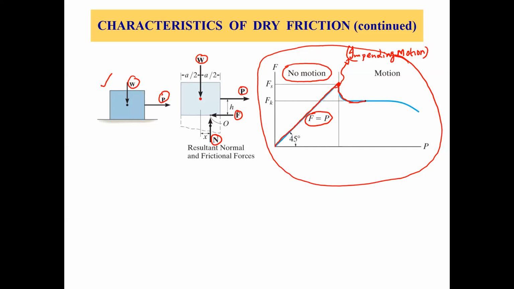So that's why we call it the motion zone. Beyond this impending motion point, there is a motion zone of this system, right? So that's how this block moves once we increase P beyond this impending motion point. So then it keeps on moving.